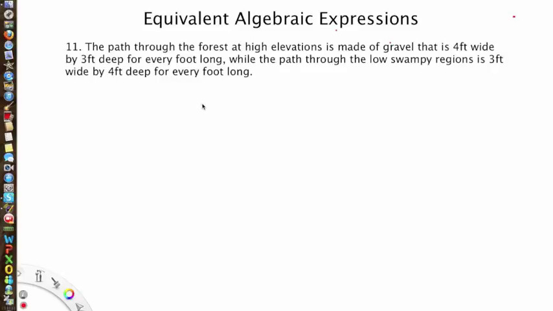So what are we supposed to do with that? It says, write an expression for each path and explain which uses more cubic feet of gravel per foot. Well, that's simple enough. They're giving us the dimensions of each path.